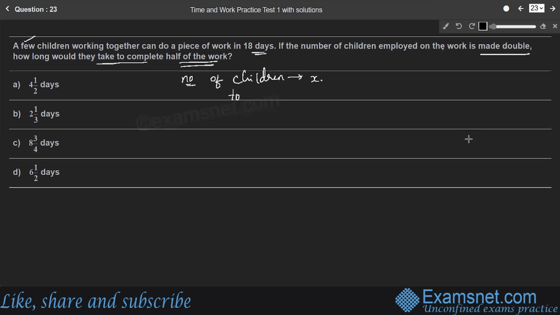Let the total work done by X number of children be W. Therefore, we can say work is equal to the number of children X into the number of days they are taking, which is 18 days. Since we are following the concept of work, which is efficiency into time, in this case it is capacity into time.